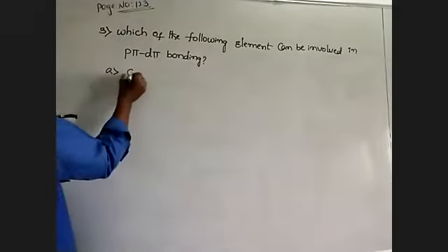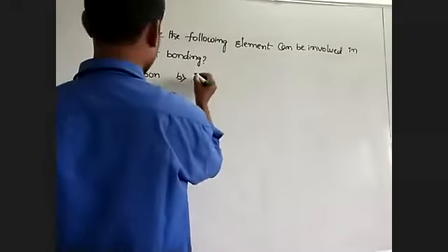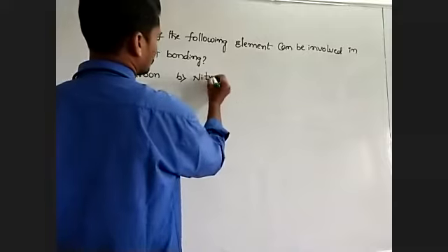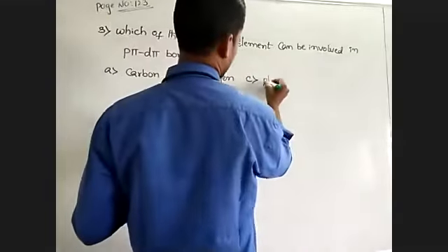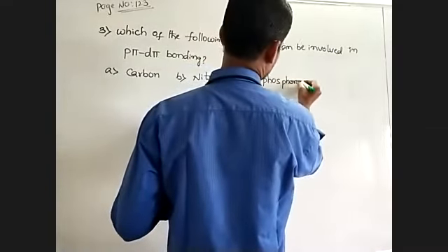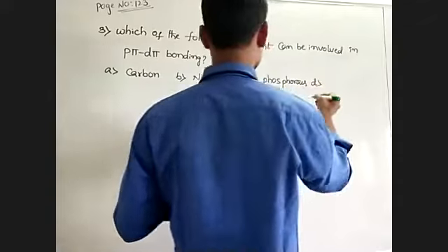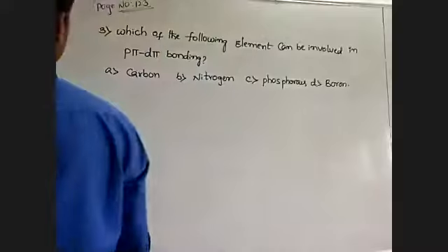So here option A, carbon, B, nitrogen, C, phosphorus, next last one, boron. Right. So what is the question?